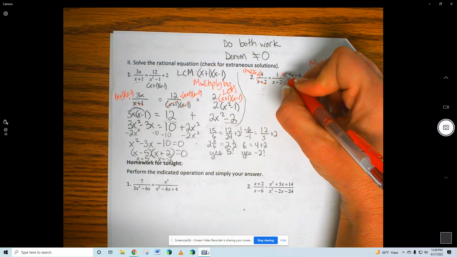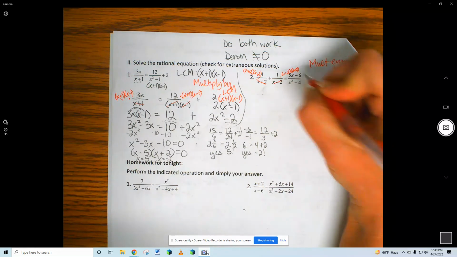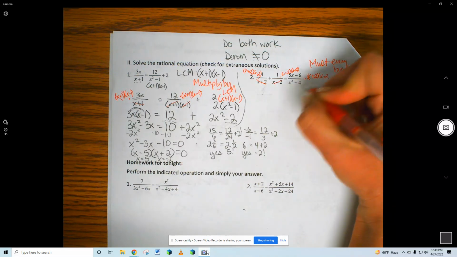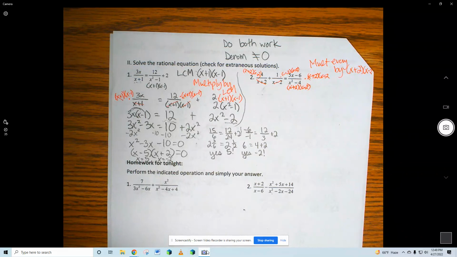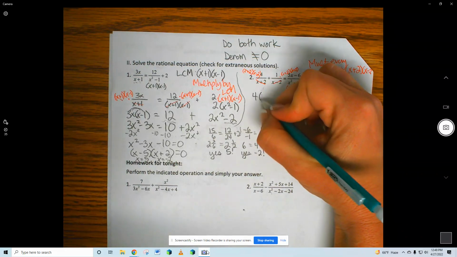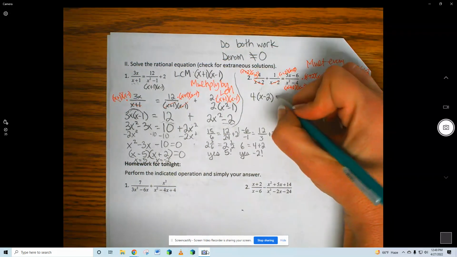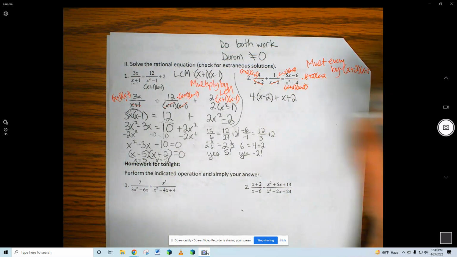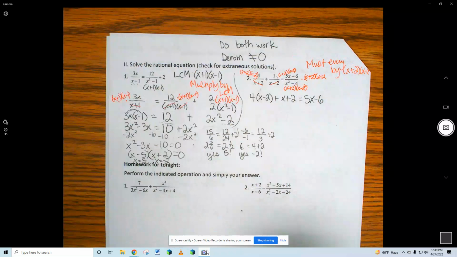This one times x plus 2, x minus 2, only the x minus 2 cancels. And this one, I would have 4 times the quantity x minus 2 right here, plus 1 times x plus 2, just x plus 2, equals 5x minus 6. And then you would solve from there.